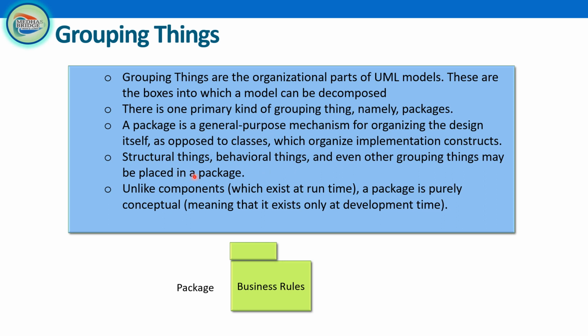Structural things, behavioral things, or even other grouping things may be placed in a package. Unlike components, which exist at runtime, packages are purely conceptual, meaning that they exist only at development time.